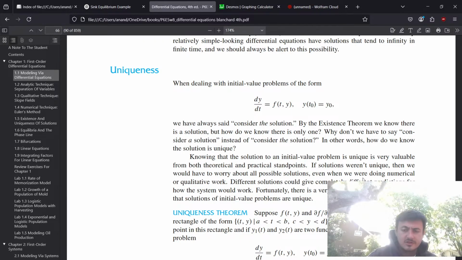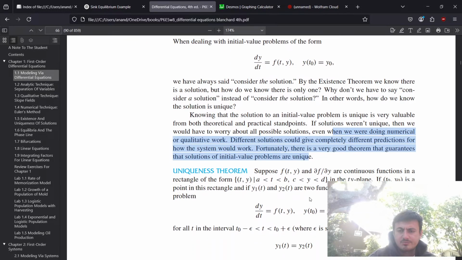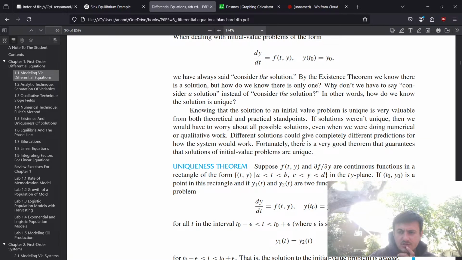That made more sense earlier, but I don't really get it. Different solutions can give different predictions of how the system will work.